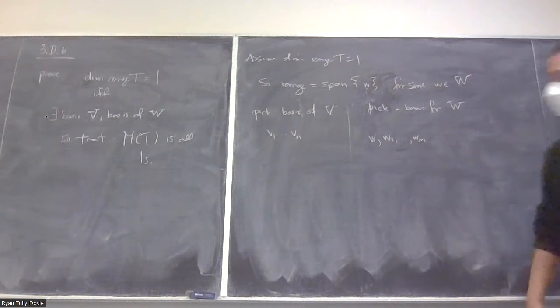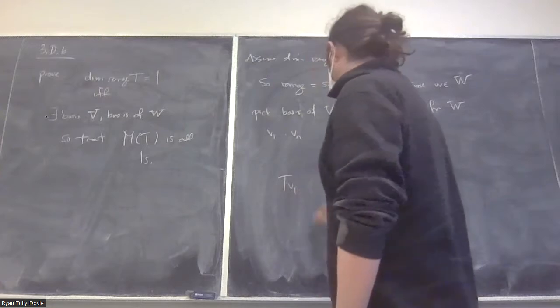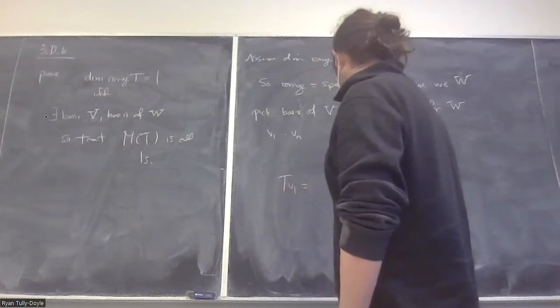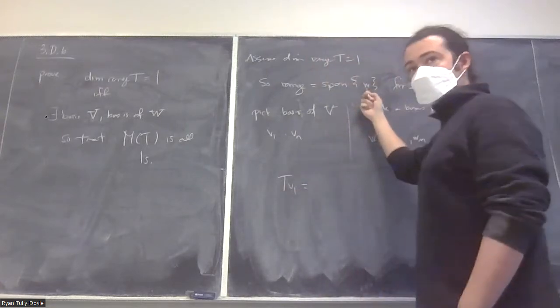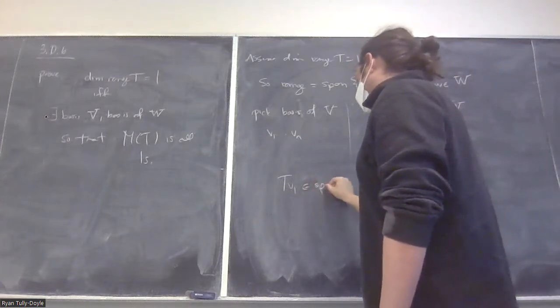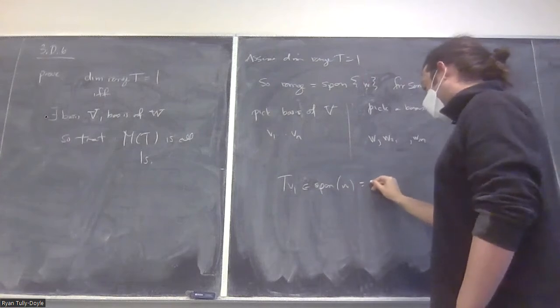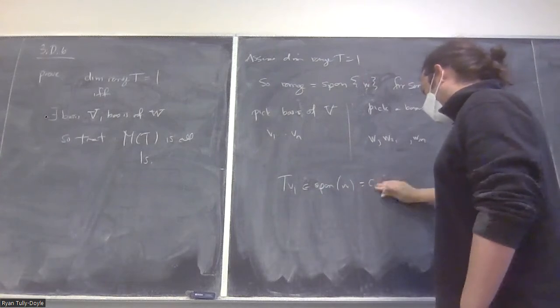Because with this setup, TV1 is not going to be 1. It's in the span of this vector, right? TV1 must be in the span of W, which means it's equal to some constant times W, like C1 W1.